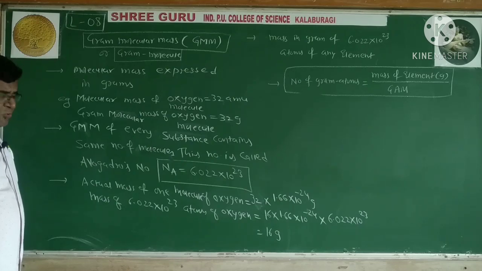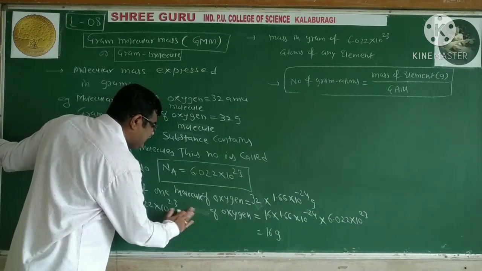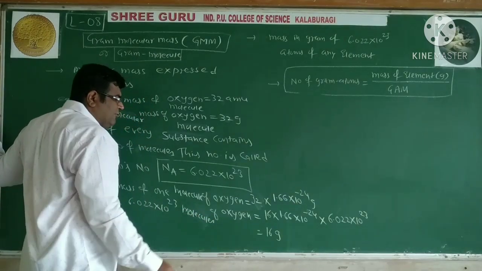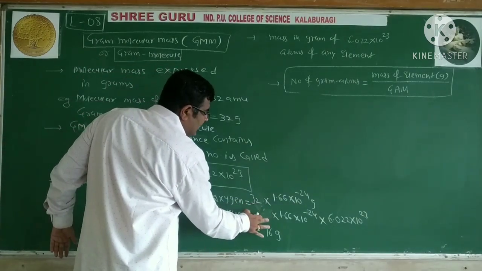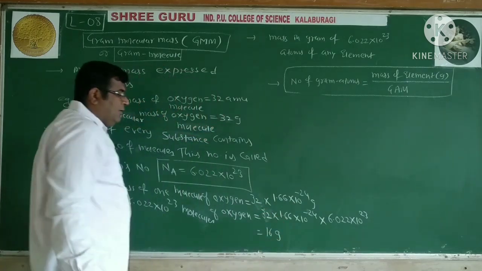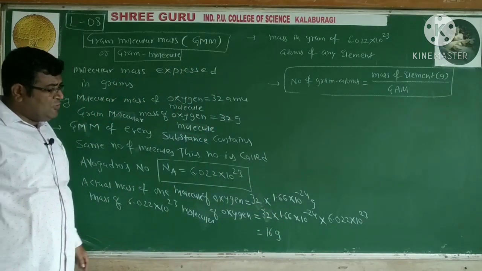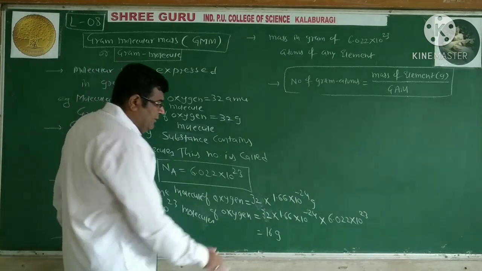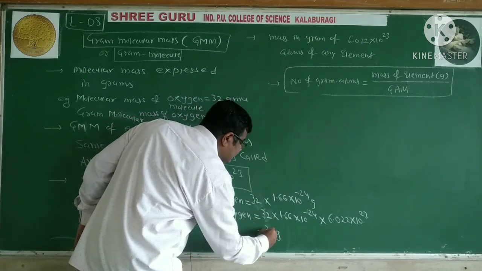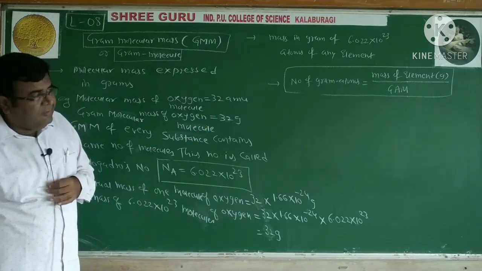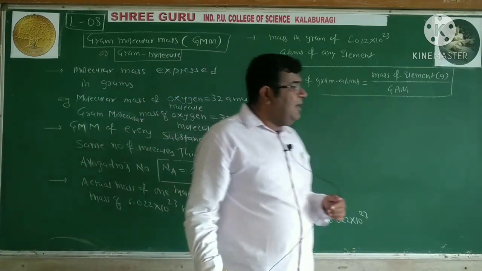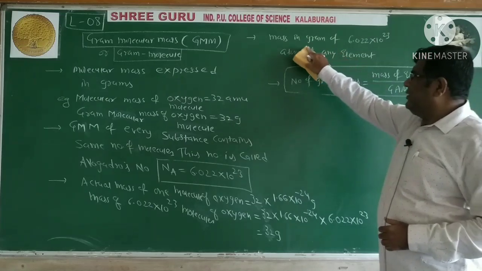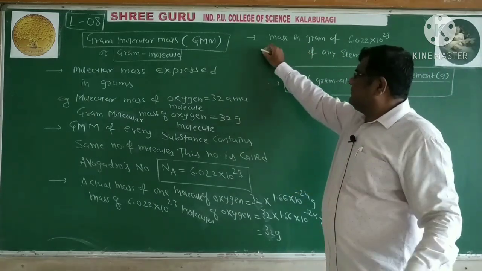Mass of 6.022 into 10 to 23 molecules of oxygen is equal to, again I will make here as 32 into 1.66 into 10 to minus 24 into 6.022 into 10 to 23, and this happens to be 32 gram.